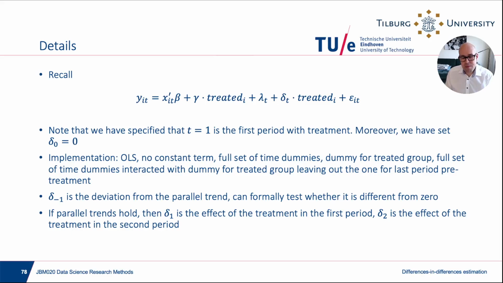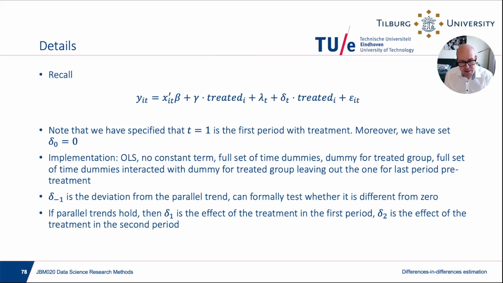How can I test whether parallel trends is likely to hold, or how can I do a test that supports this assumption of common trends? Well, I'm going to test here whether delta minus 1, which is the deviation from the parallel trends pre-treatment, is different from 0.